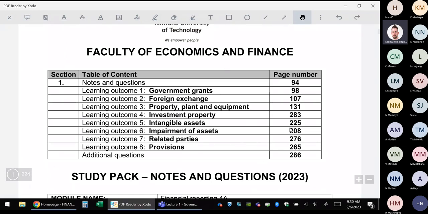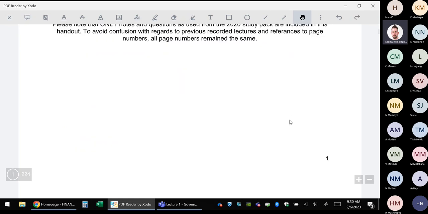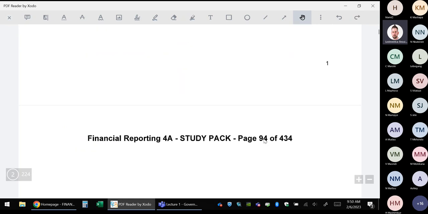But everything is here, but you will see it only starts on page 90, whatever, because the first couple of pages was just other information that we included for COVID in that year. So they are all the page numbers. So when I refer to page number 283 or 102, it refers to that page number at the top of the study pack. All right.